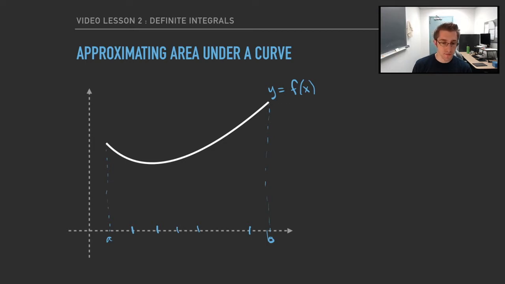Then we will draw rectangles over each subinterval where the height of the rectangle is given by the value of the function on the right-hand side. So we go up from the right-hand side to the function and draw rectangles like this. This function's kind of flat here, so all these rectangles have about the same height.